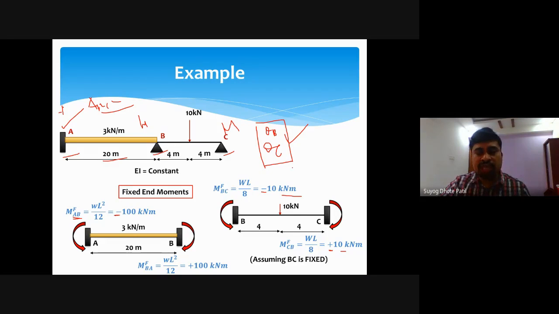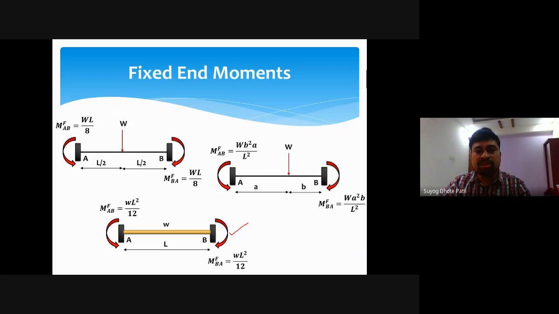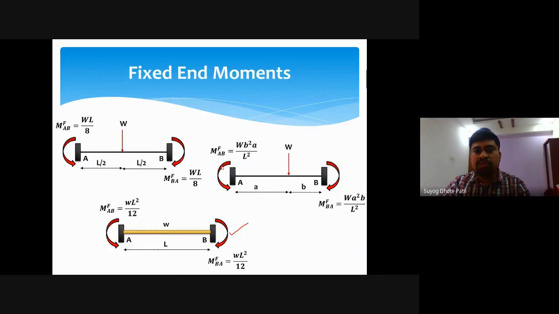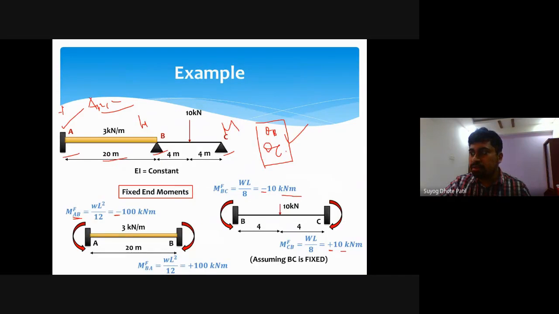So we have calculated these fixed end moments and this relation. This is the general relation. By substituting the actual values in this general relation, we will get the final unknown forces.